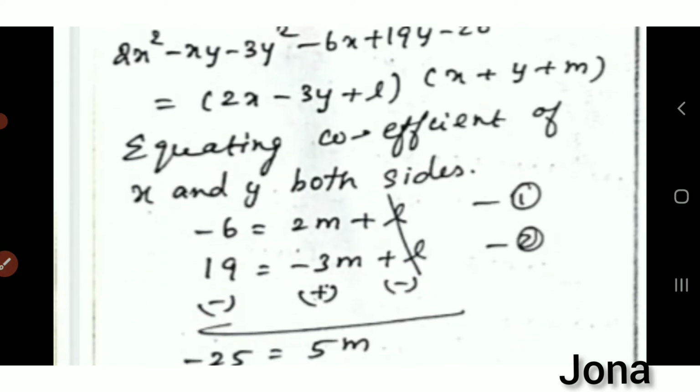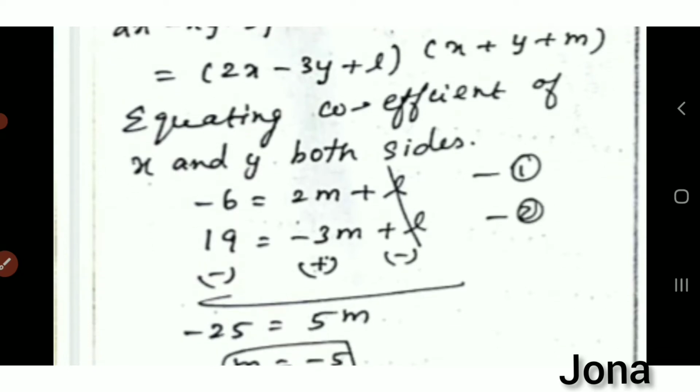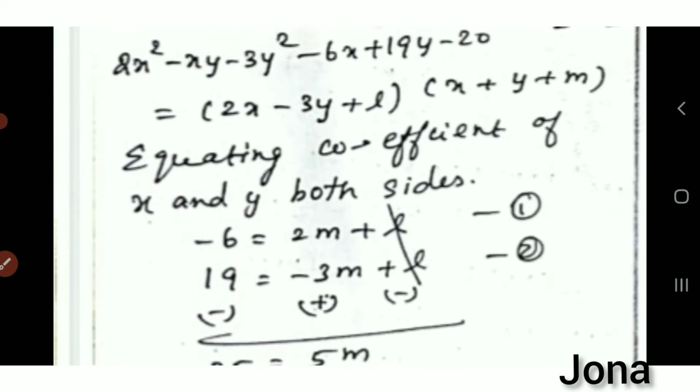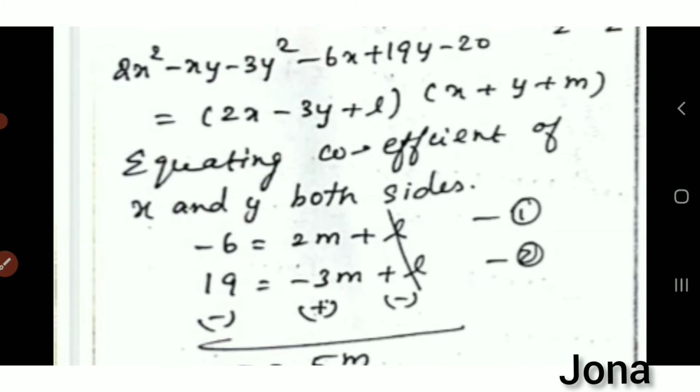So I want to find them using the coefficients of x and y. For this we can equate both sides, the coefficients of x and y.